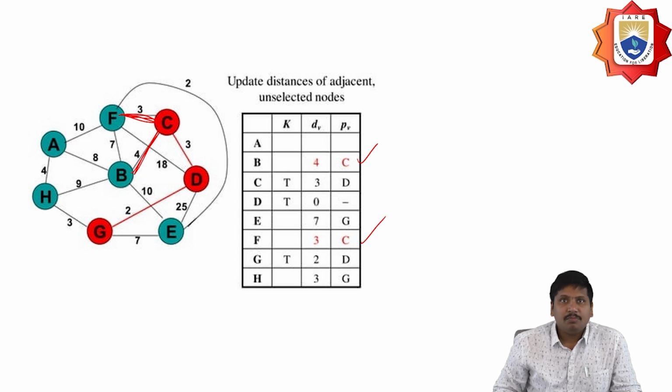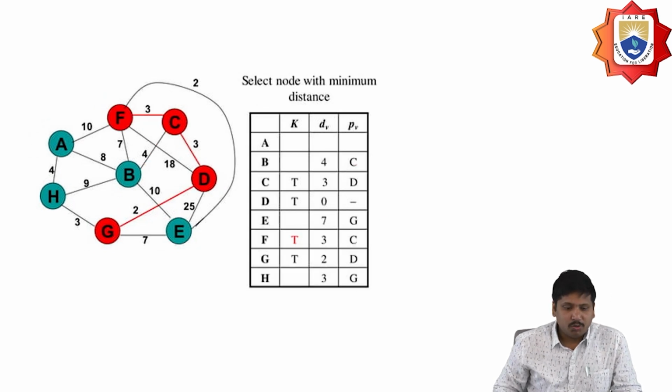Okay, so from this again what I'm going to consider, next minimum is going to be it. So C to F is selected.